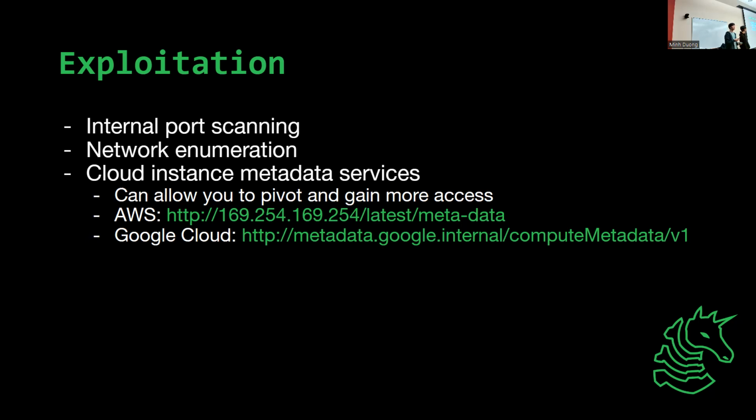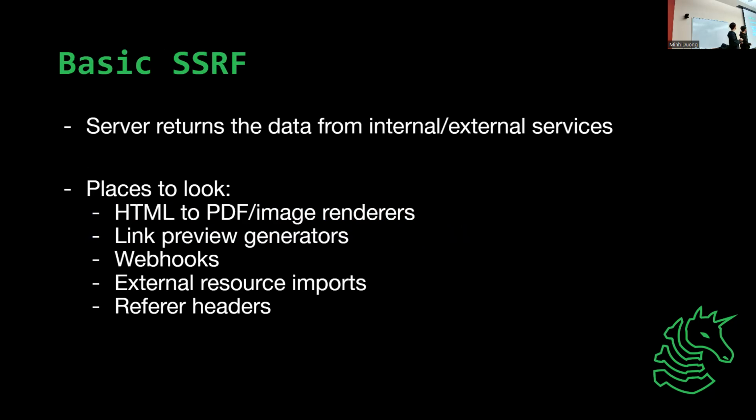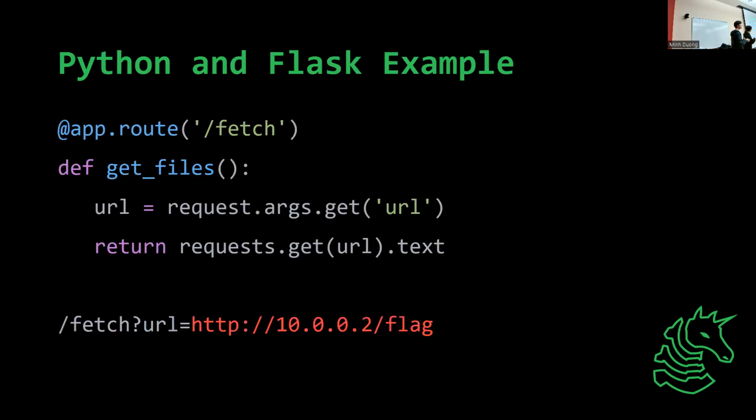In your example for SSRF, you showed the IP 10.0.0.2. So when I'm trying my exploit for the SSRF challenges, should I use that IP or is there another IP I should try? So the question was, I used this 10.0.0.2 IP, but in actual challenges, should I be using that IP?